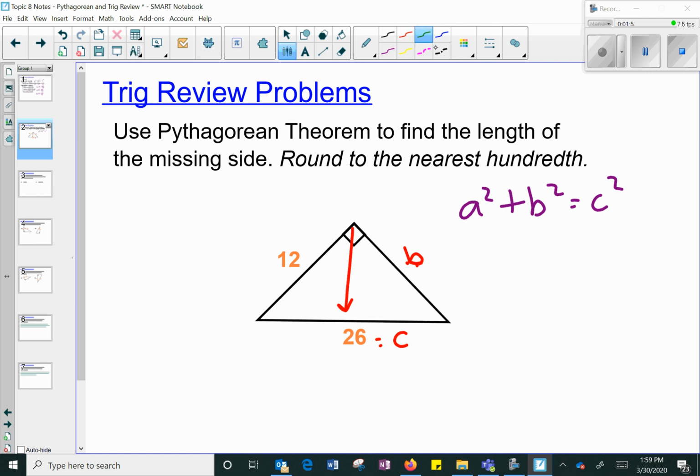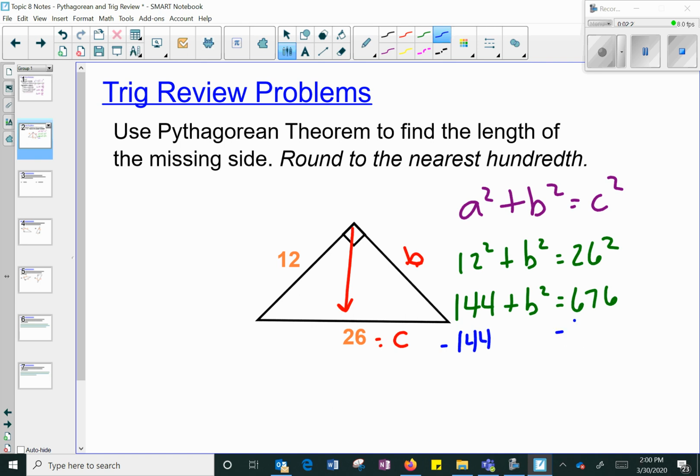So if I substitute these in, I would do 12 squared plus b squared equals 26 squared. If you grab your handy dandy calculators, you will understand that you need to take care of the exponents first. So 12 squared is 144, plus b squared, equals 26 squared, which is 676. In order to get b squared by itself, we subtract this 144 from both sides.